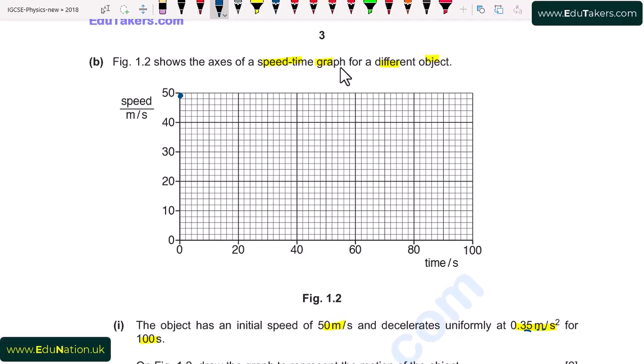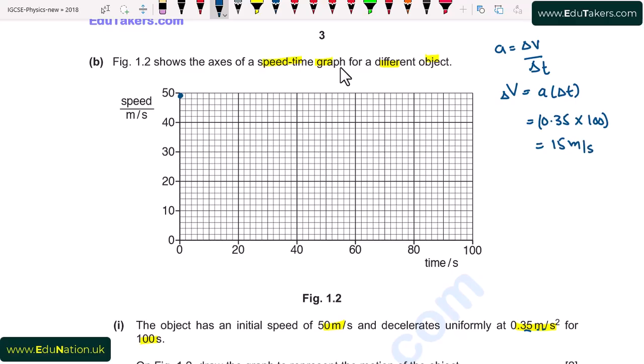So using the formula that acceleration is equal to delta v over delta t, we find out the value of v. It will be equal to a times delta t. So acceleration here is 0.35 multiplied by time 100. So that change in velocity comes to be 35 meter per second.